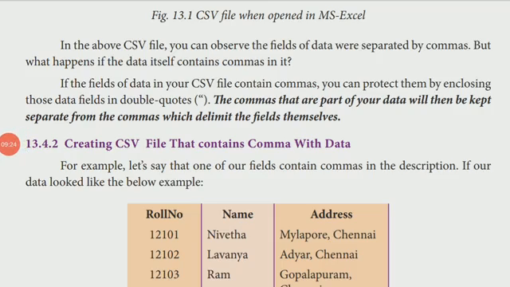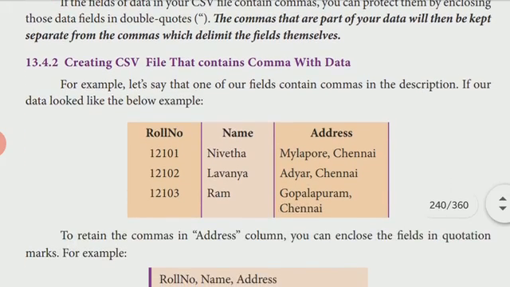Now, we can see the next one. The next topic is creating a CSV file that contains commas within the data. See here, this is the output. Like this you want to get in your Excel sheet: 12, 101, Niveda, Mylapore, Chennai. Here roll number, name and address, 3 columns are there and 3 rows they gave.